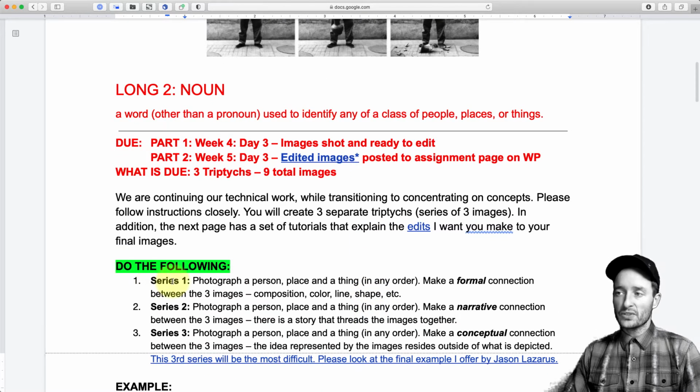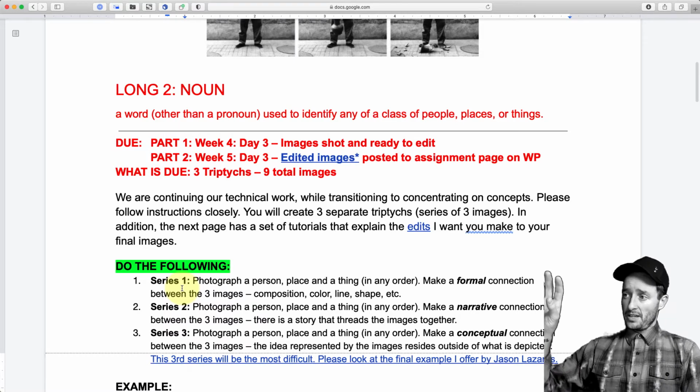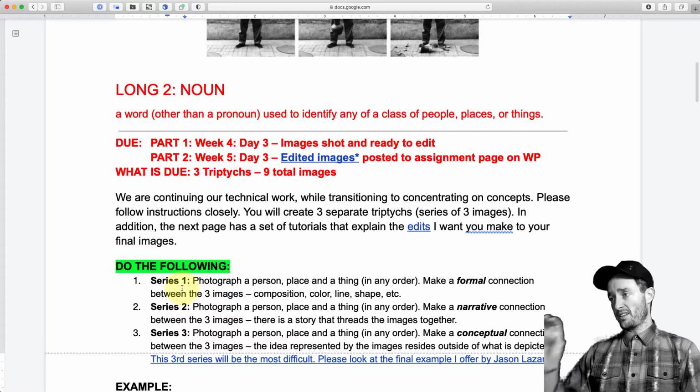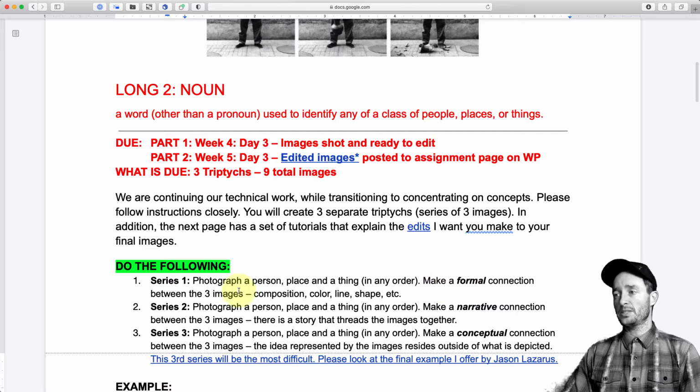Your first series, which will be your first triptych, you're going to photograph a person, a place, and a thing, and I don't care which order you do that in. It can be a place, a person, a thing, or a thing, a place, a person. It doesn't matter to me. In that first series, though, you're going to address what are called formal connections between the 3 images.